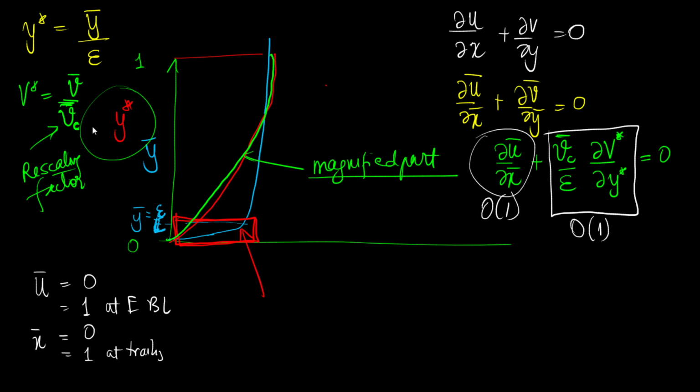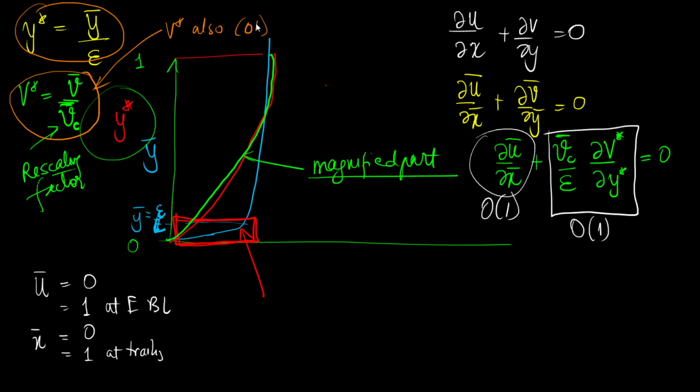We have y star which is order 1, no problem. Now we are aiming to rescale the v velocity with an aim to make v star also order 1.